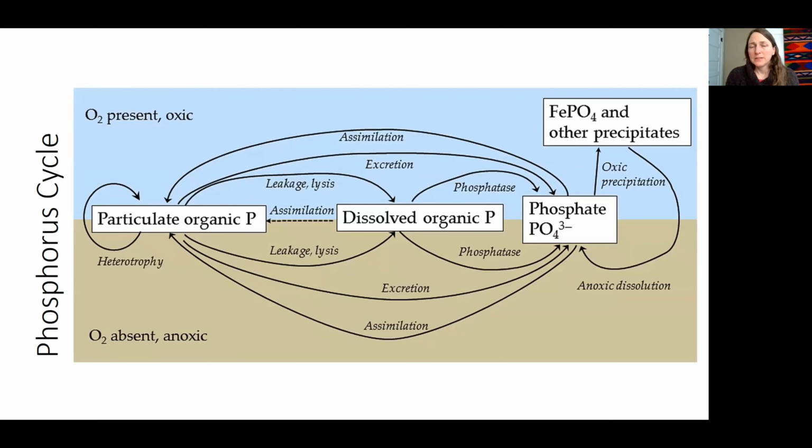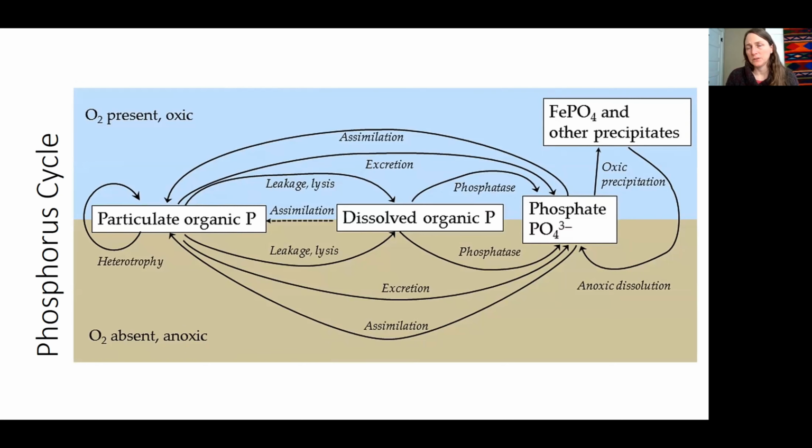Now, I just wanted to bring this up because a lot of these cycles, nutrient cycles, have anoxic and oxic parts. And so they have places where things like reduction and oxidation are going to be more common. And so here's the phosphorus cycle.